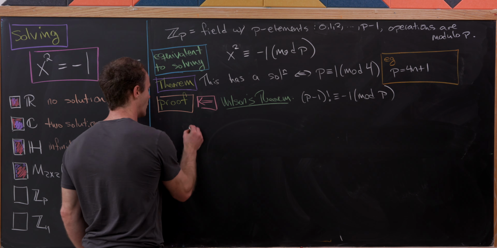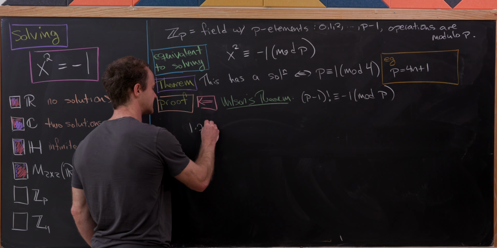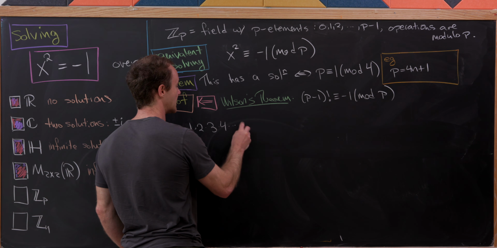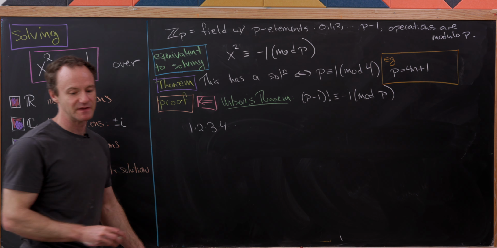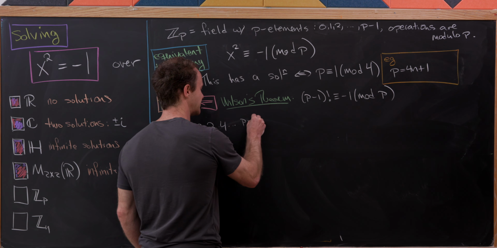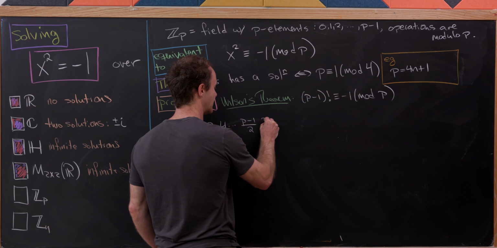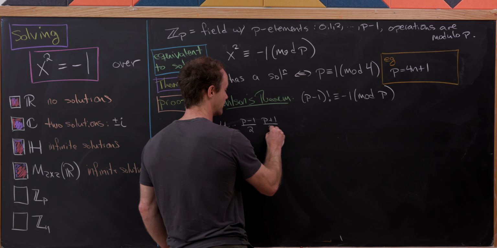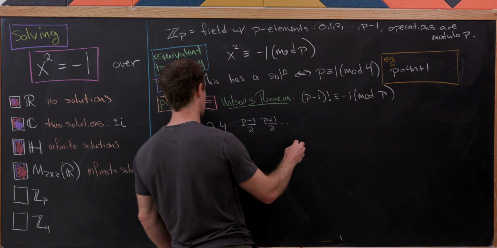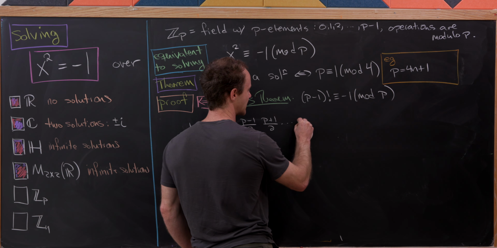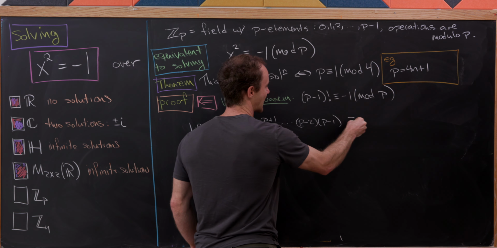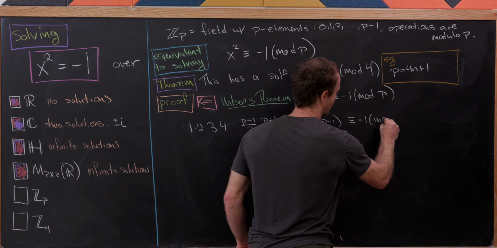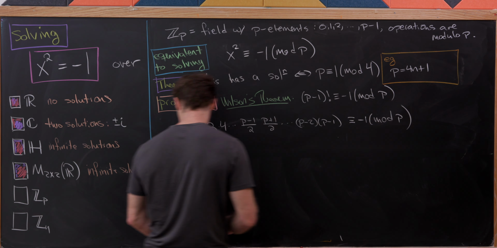So that'll be 1 times 2 times 3 times 4, ending at p-1. But I'm going to stop in the middle for a little bit and write this as (p-1)/2, and then (p+1)/2, and then on and on and on until we get to p-2 and then p-1. So we know that is congruent to negative 1 modulo p, like that.